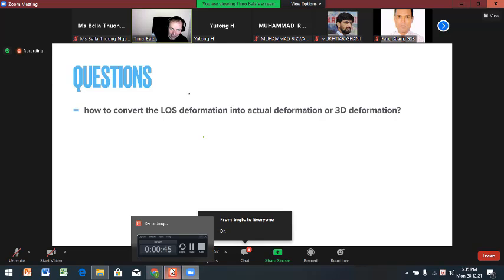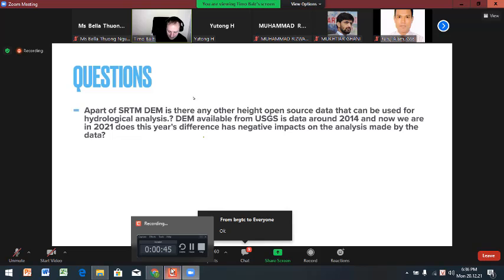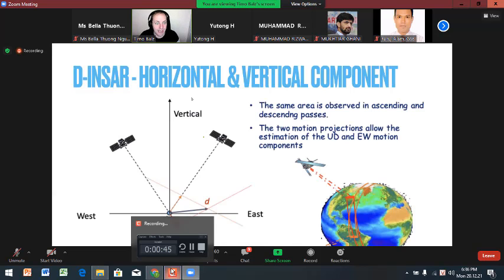Okay, how to convert the line of sight deformation into actual deformation or 3D deformation? You see, that was the question. Actually, I should have put these two questions together. I already answered that a bit. We need two measurement values, so two stacks, two images from ascending and descending, ideally.